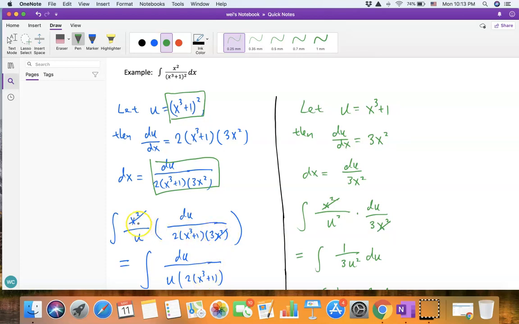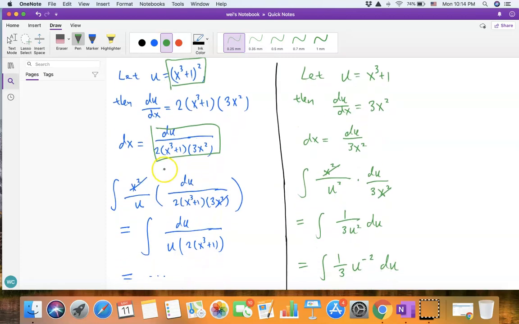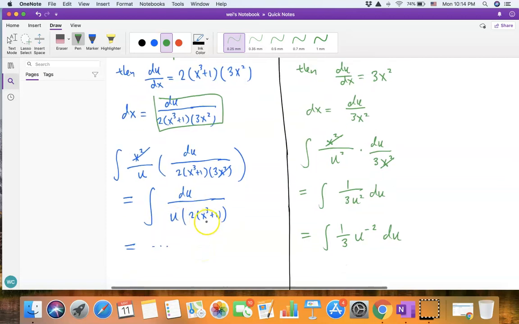Because there is a 2x squared, they can be cancelled out. After we cancel this, the integral is written as du over u times 2 times x to the third plus 1.